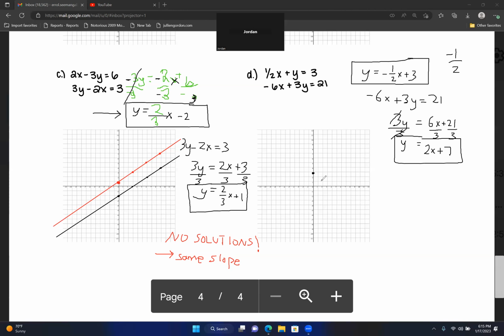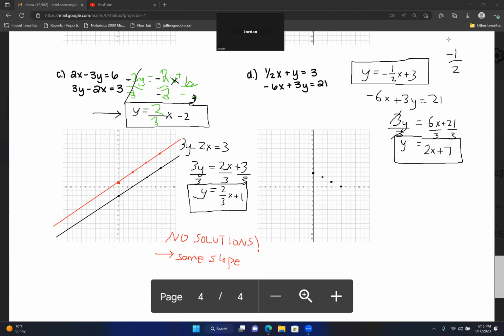That'll be the same thing. Starting at 0, 3, where's the second dot? Down 1, to the right 2. Connect those dots.